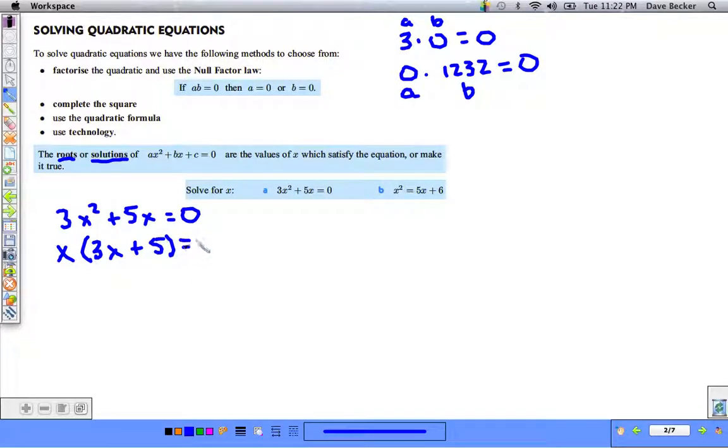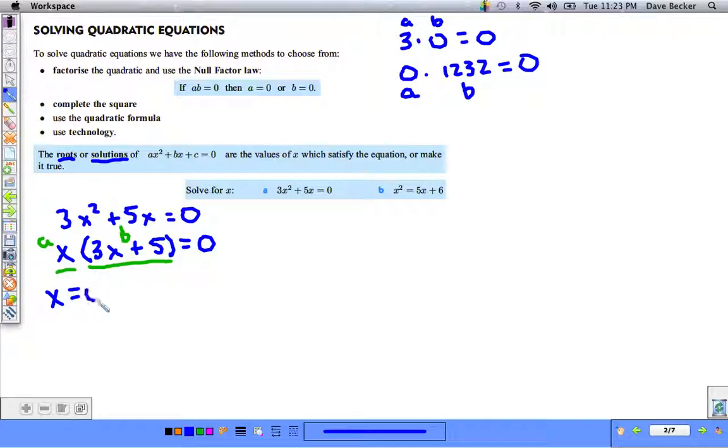And all of a sudden, life is just swimming because I can use my null factor law. I have my first term, x, times my second term, 3x plus 5. This is my a term, and this is my b term. If a times b equals 0, then only one of them has to be equal to 0. Either one. So that's why we always do this.